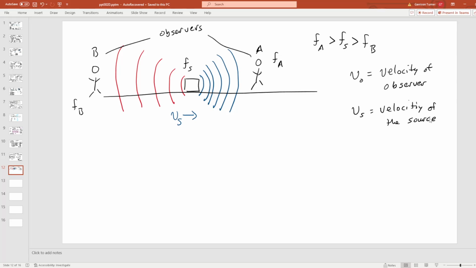But we also have a third velocity to deal with, and that is the speed of sound in the air. So we have three velocities to deal with. The velocity of sound in the air is a constant, but it still appears in the equations.